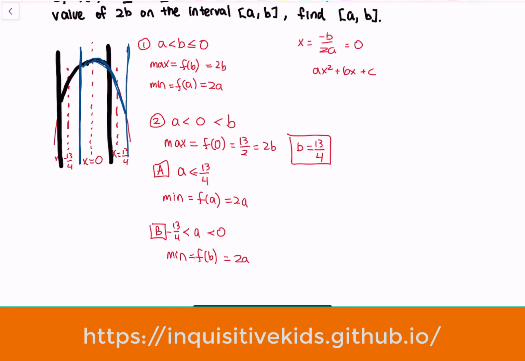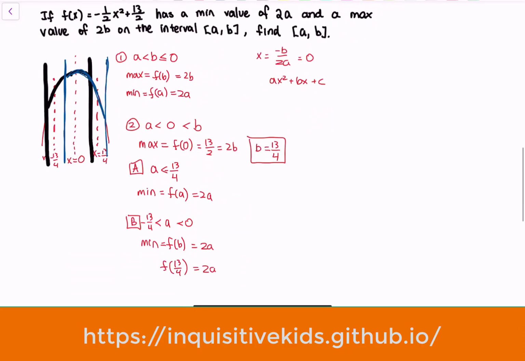And we also know that right now b is equal to 13 over 4. So it's saying that f of 13 over 4 is equal to 2a. And we could directly substitute 13 over 4 into our function. That would be equal to negative 1/2 times 13 over 4 squared plus 13 over 2 is equal to 2a.